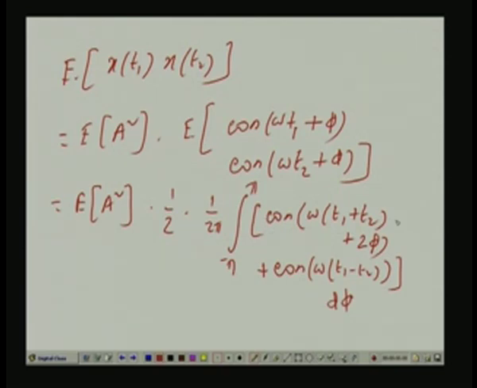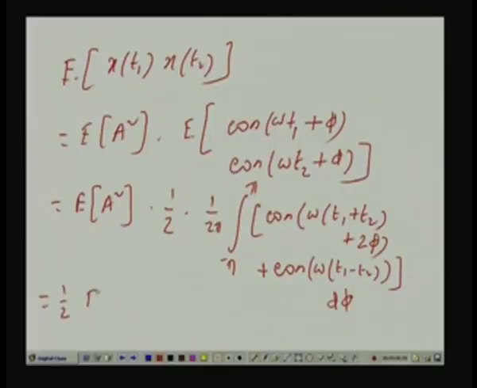So, the first term gives rise to 0, and the second term has no phi left. So, this term can be brought outside the integral and will give rise to 2 pi, and the 2 pi cancels. So, you simply get half E square cosine omega (t1 minus t2).